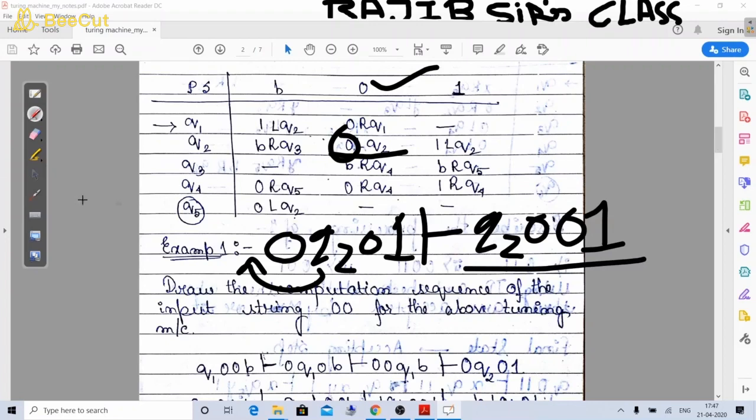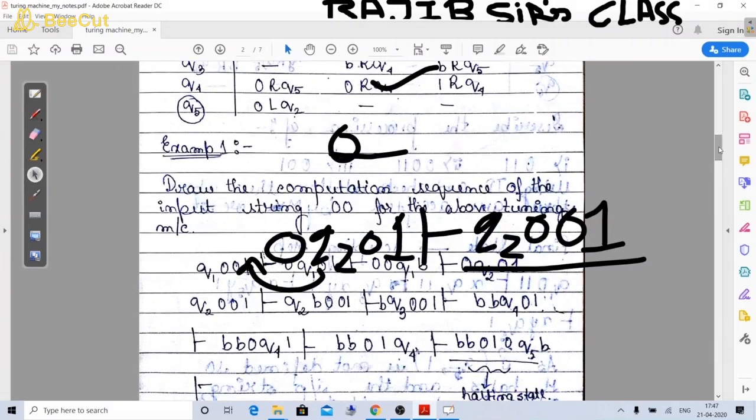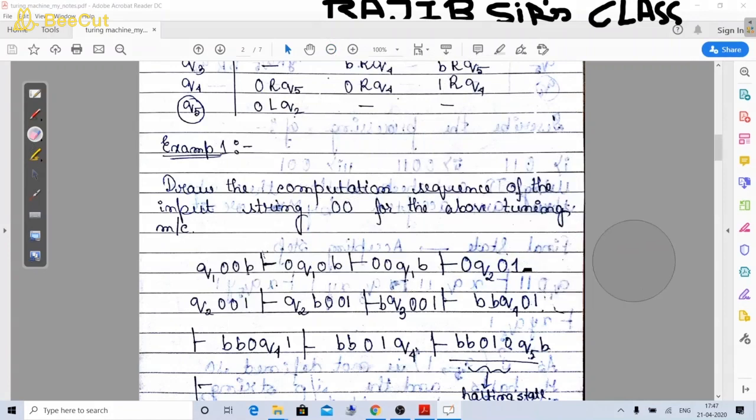If you see our table, it is the same thing, but I have just written it over here, q2 0 0 1. Clear? Now we should go to our next steps, and before that I am erasing these marks, and definitely I need to zoom out.